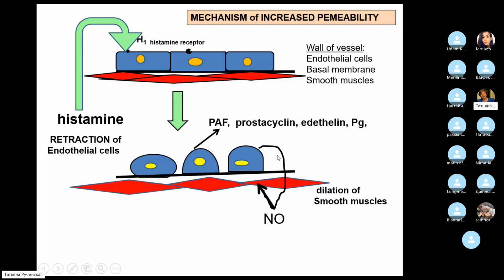It comes out and influences the smooth muscle. Smooth muscle dilates. So the consequence of it will be an increased gap between endothelial cells. Second, there will be further dilation of vessels. The complication of all these will be increased permeability.